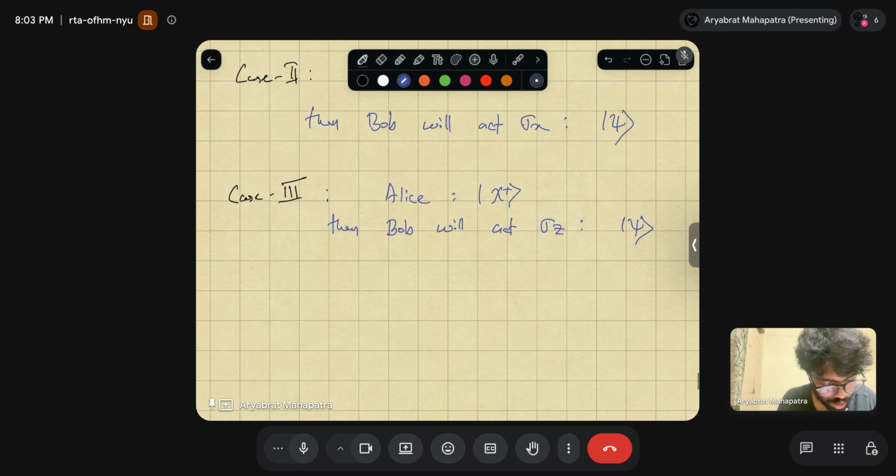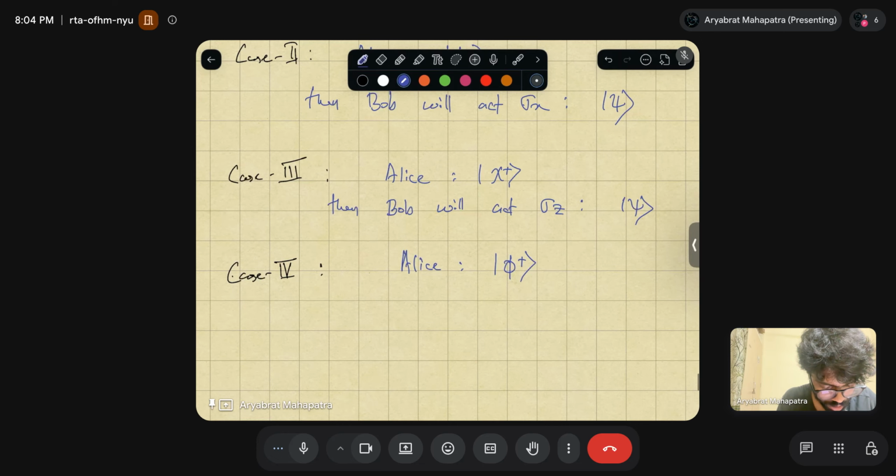And then, if Alice's measurement is phi plus, then Bob doesn't have to operate anything.